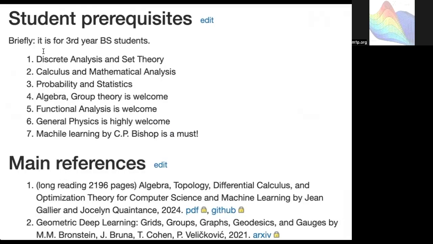It is expected that you have a bachelor degree, but these first 6 items are about just the first 2 years of bachelor study, and the last 7th item is about your basic knowledge of machine learning. And we recommend the book of Christopher Bishop as a standard of machine learning knowledge.